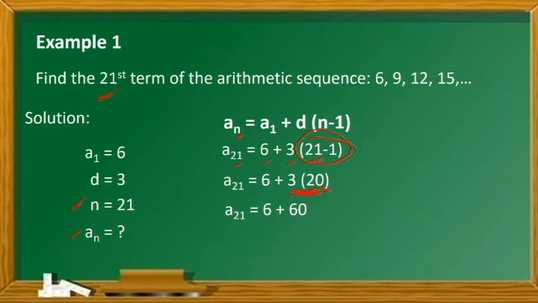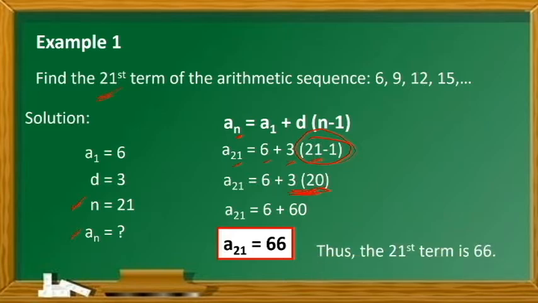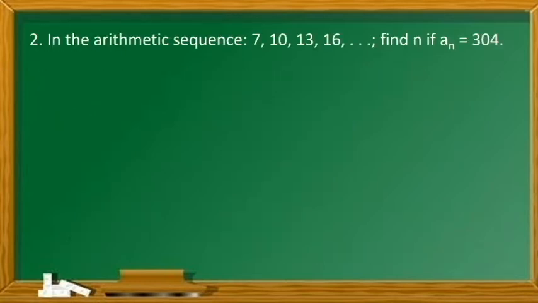Then we have now a sub 21 is equal to 66. So in this solution, our 21st term, or a sub 21, is 66. Okay, thus the 21st term is 66.